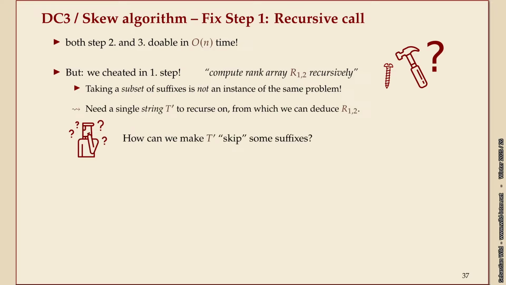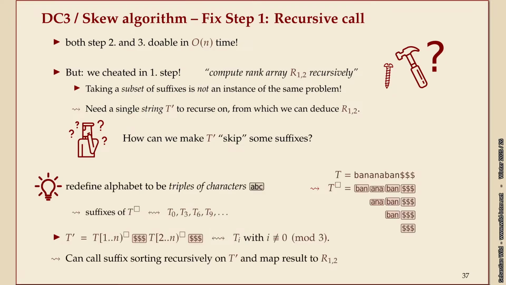You can make it work by constructing a specific string t prime that's constructed from t, so that you can recurse on that string and you magically compute the right answer. So we want a string t prime that lets us skip certain indices in the starting positions for suffixes. Well, to do that, we just bunch characters together and treat them as a single character.